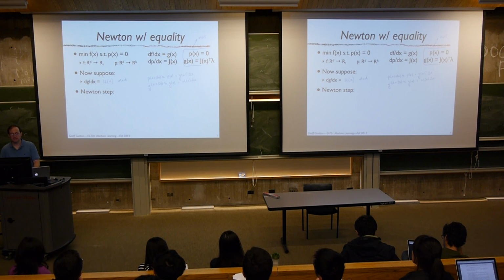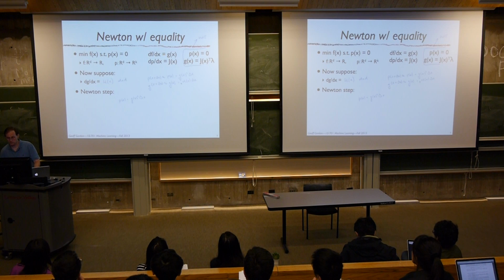And if I plug these into the KKT conditions, I get that p of x plus g of x transpose delta x. This was not g. You guys should have stopped me. This is j, right? The gradient of p was j, I defined here.